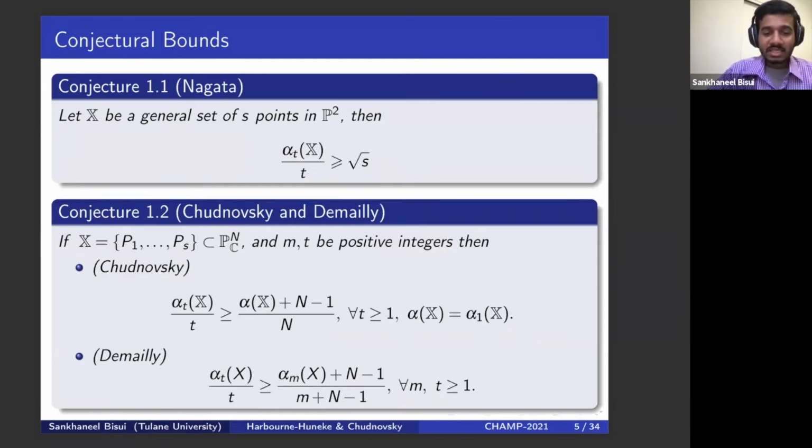And Demailly generalized that lower bound by stating that the ratio alpha(t, X) over t is at least (alpha(m, X) + n - 1) over (m + n - 1). Now, here we can easily see if we plug in m equals 1, we will get back the Chudnovsky bound.